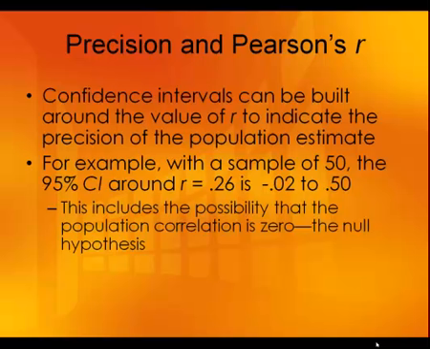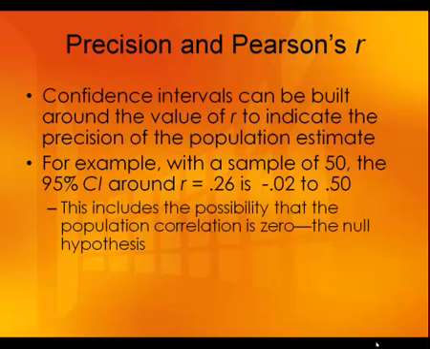So when we're talking about the actual precision and these confidence intervals we've been working with, confidence intervals can be built around the value of R to indicate the precision of the population. And your book has some really great examples of this.